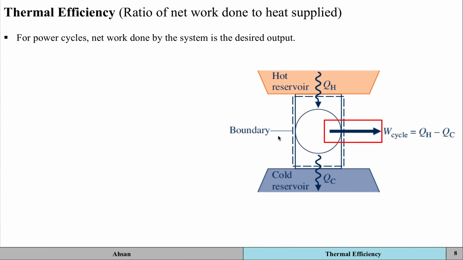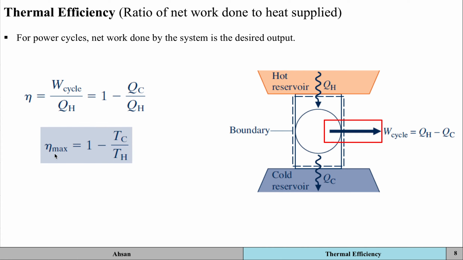And we already saw that that is not possible because of the Kelvin-Planck statement. So QC cannot be equal to 0, right? So the thermal efficiency is the work done across the cycle divided by the heat content supplied into the system. And because work done across the cycle is equal to QH minus QC, we can simplify this equation into this form. Okay.